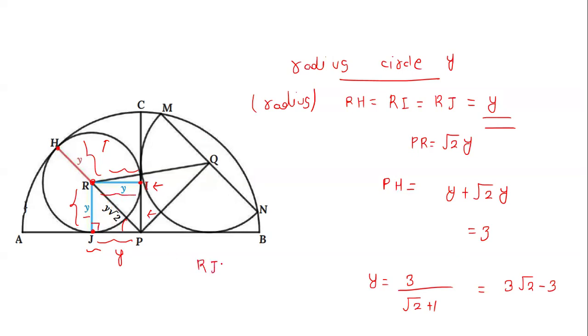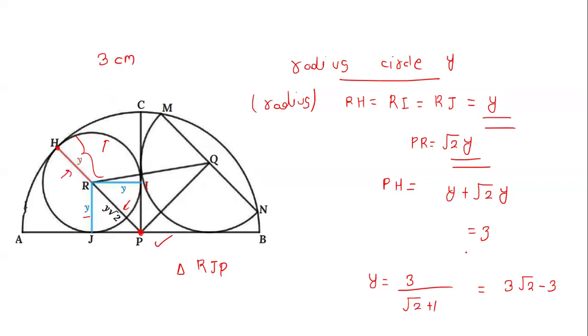Because this distance is y, and this angle is 90 degrees, in the triangle RJP, this is R, this is J, this is P, you can find this hypotenuse as simply root 2 times y. So now we know this hypotenuse value as root 2 times y, and we also know this distance as the radius, which is equal to y, and we also know this PH distance, which is the radius of the bigger semicircle, as 3 centimeters, and we can also write this as y plus root 2 times y.